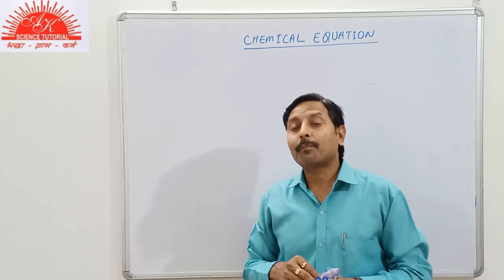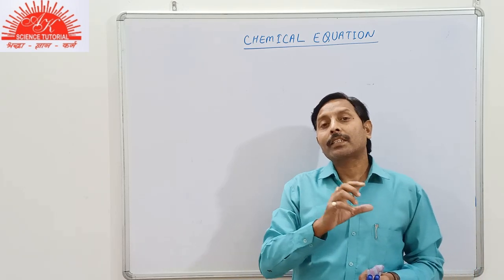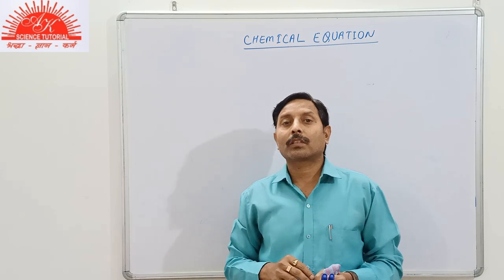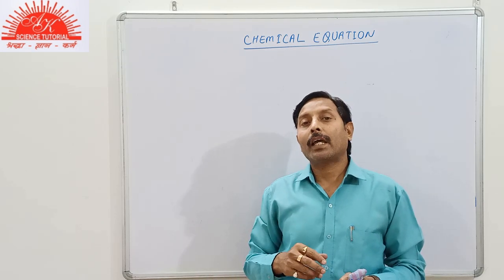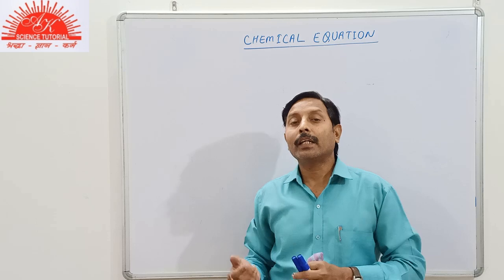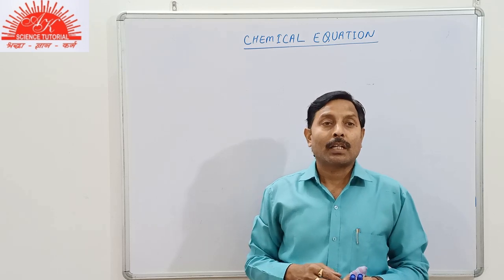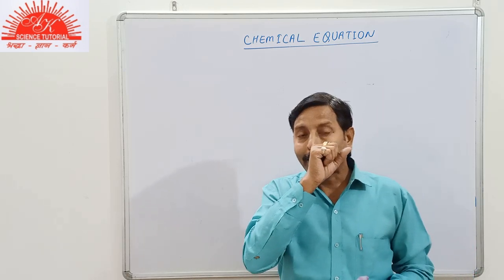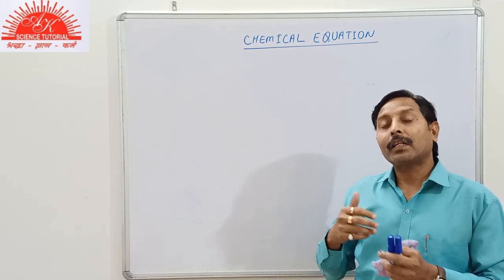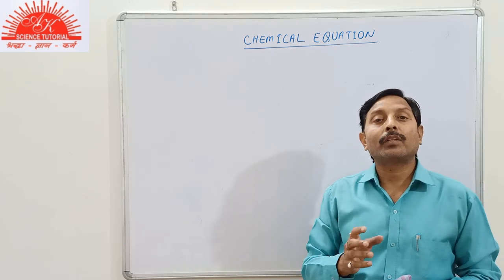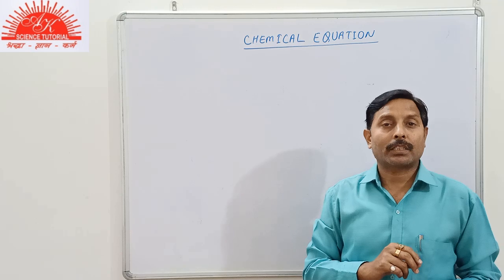Initially we have represented elements with the help of their symbols, compounds with the help of their formulae, molecules. Similarly, here a chemical change, a chemical reaction is represented with the help of chemical equation.